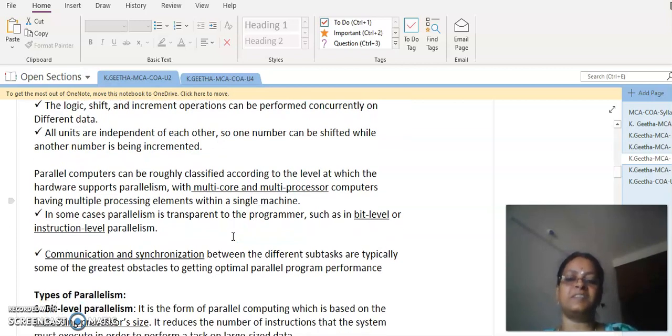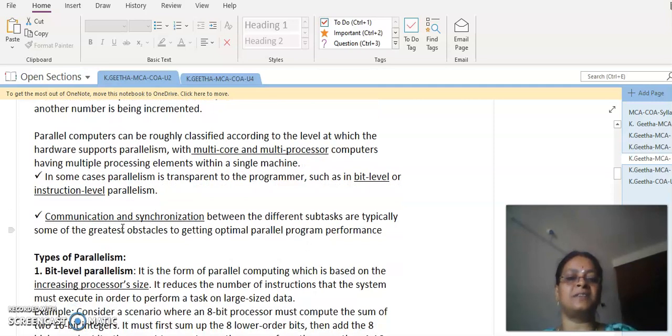And again, this parallelism can be achieved at different levels. Okay, so it can be achieved at the bit level, or at the instruction level. And whatever the parallelism, the most important challenges or obstacles that limit the performance of parallel computing are the communication and the synchronization tasks. Whenever we go for parallel processing, how are we able to communicate information across different processors?